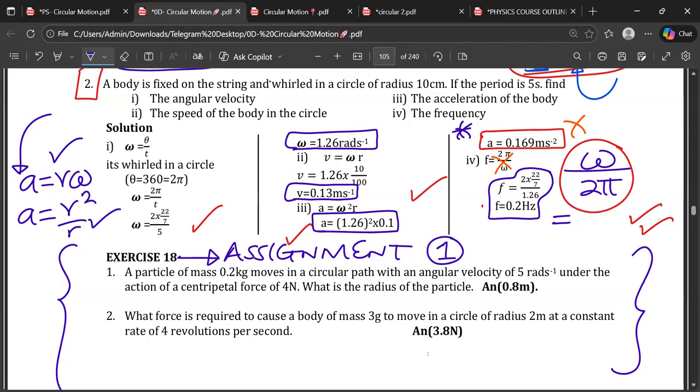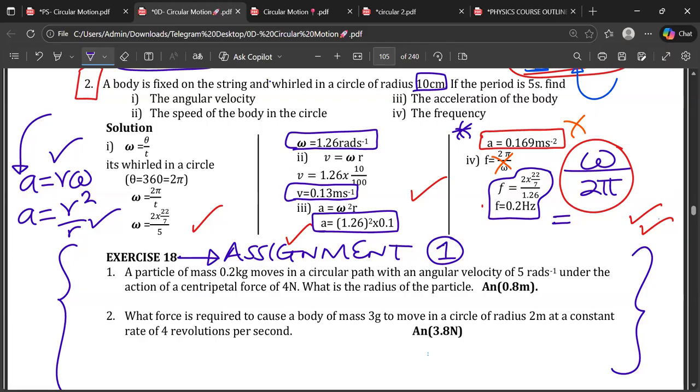Since the question gave us radius R, and the very first thing we got was angular velocity, then we got speed. Which one can we use? Because we got V from angular velocity. You just need to use those values that you think have the least error, because V came from omega.